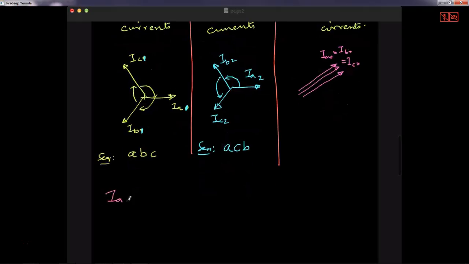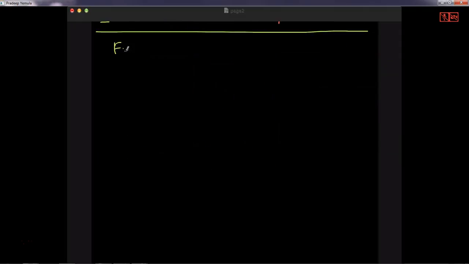Okay, if you look at this once again, what is the relation here? So IA1, from the positive sequence, before I talk about this, let me talk about the A operator. So what is this A operator?